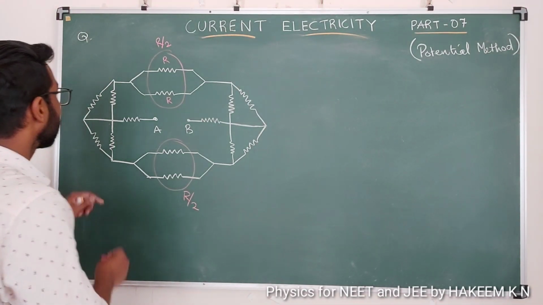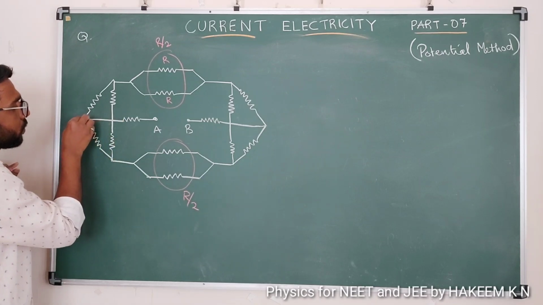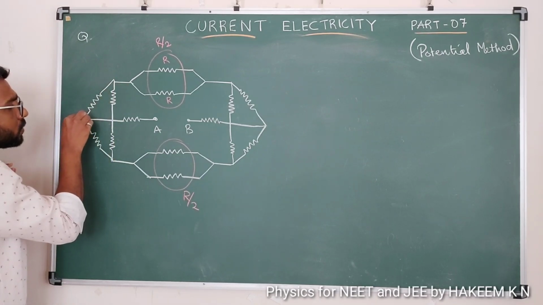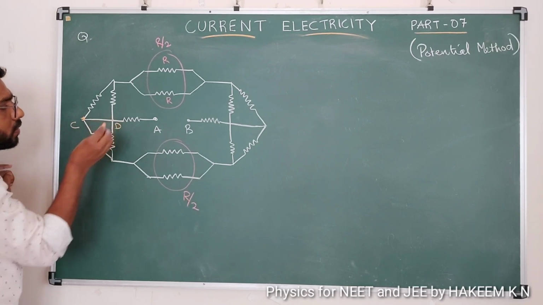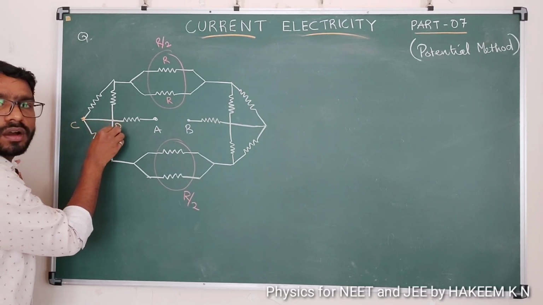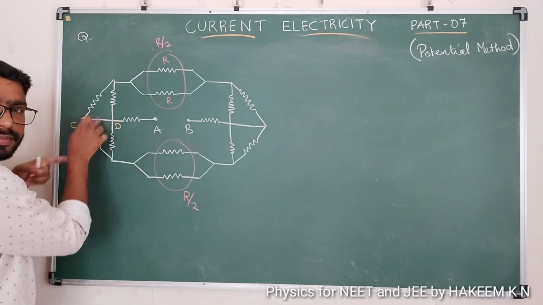Okay, now listen here. This point and these 2 points I am calling C and D. Both C and D are the same point because there is no resistance.